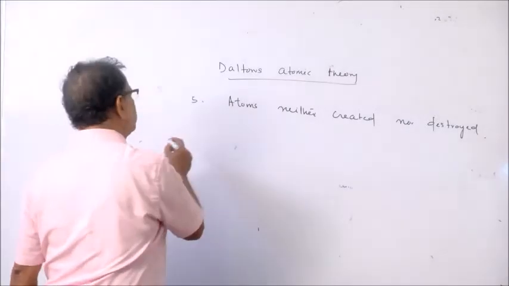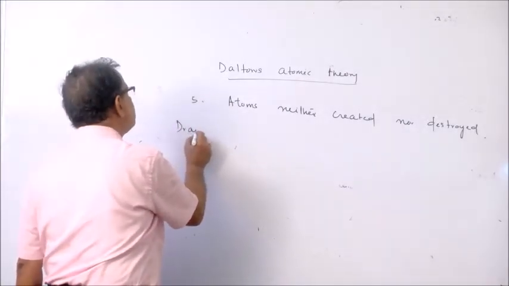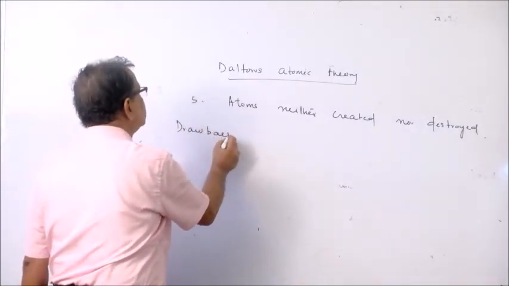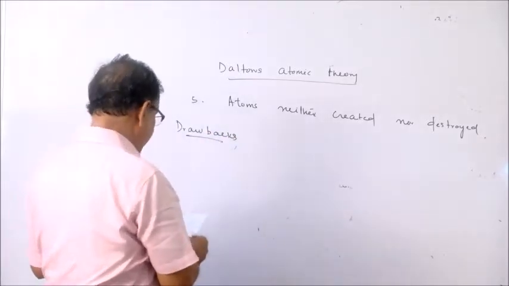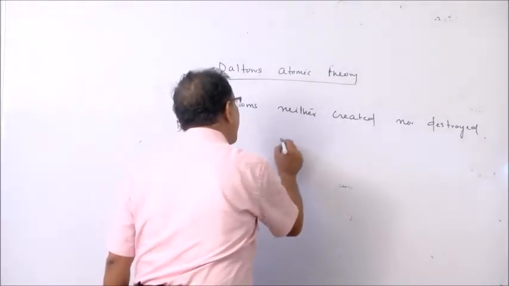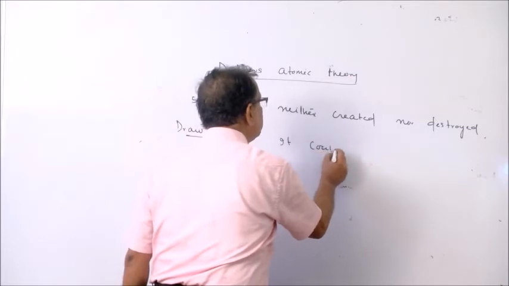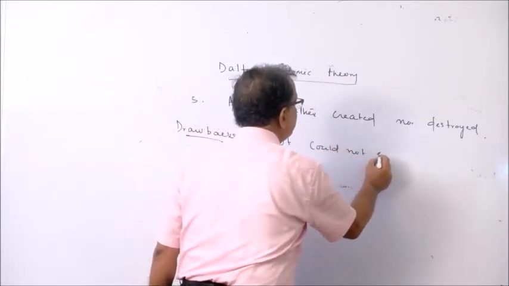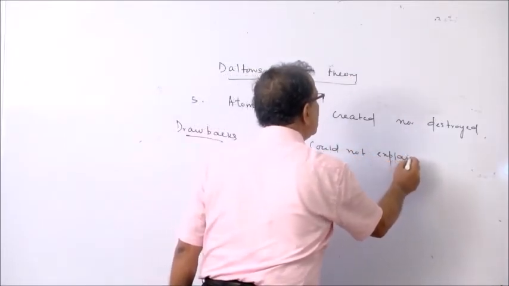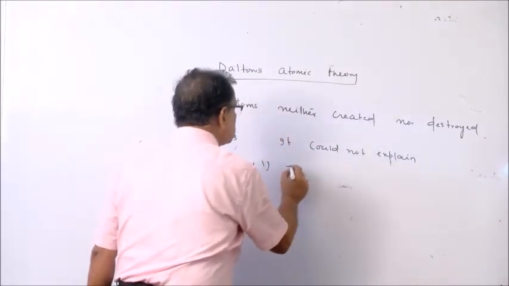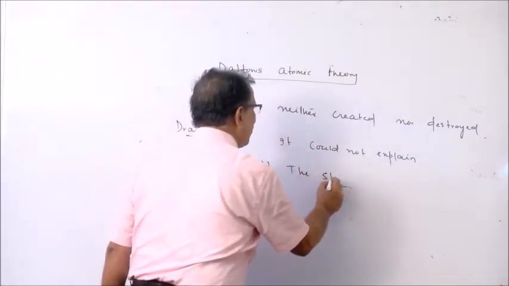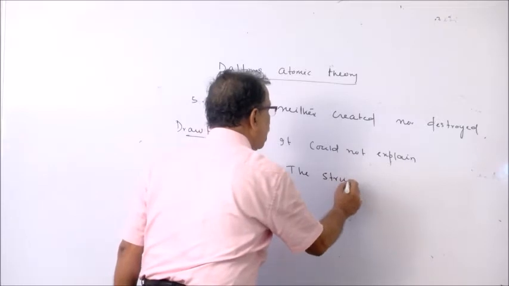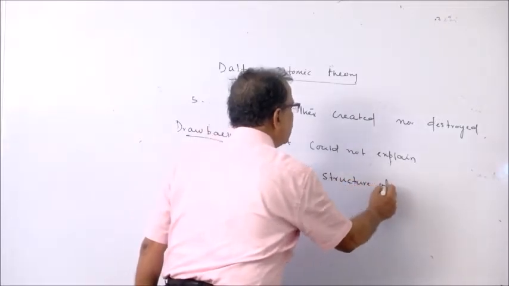What are the limitations or drawbacks of Dalton's theory? It could not explain, number one, the structure of the atom.